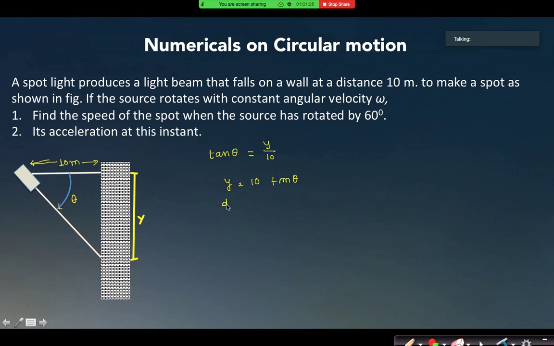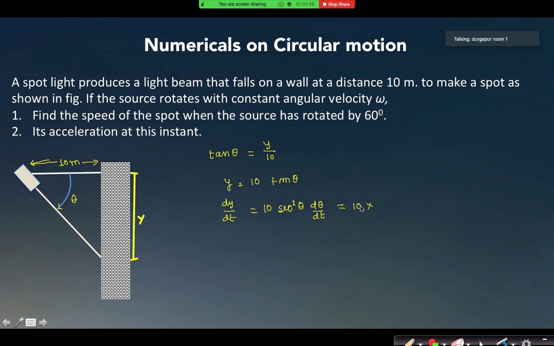Now I will differentiate it with respect to time. So dy by dt is 10 times the differentiation of tan theta. Can you tell me, what is the differentiation of tan theta? Sec square theta. Sec square theta d theta by dt. So d theta by dt is omega. It must be given in your question. And sec theta is also known as theta is 60 degree. So the velocity I can find is 10.